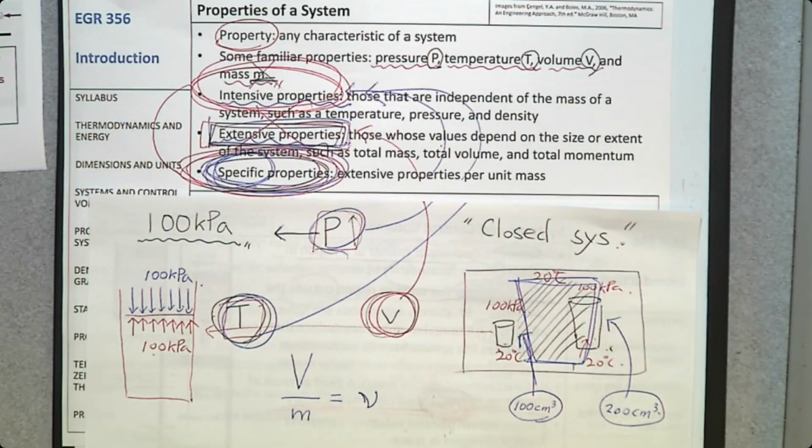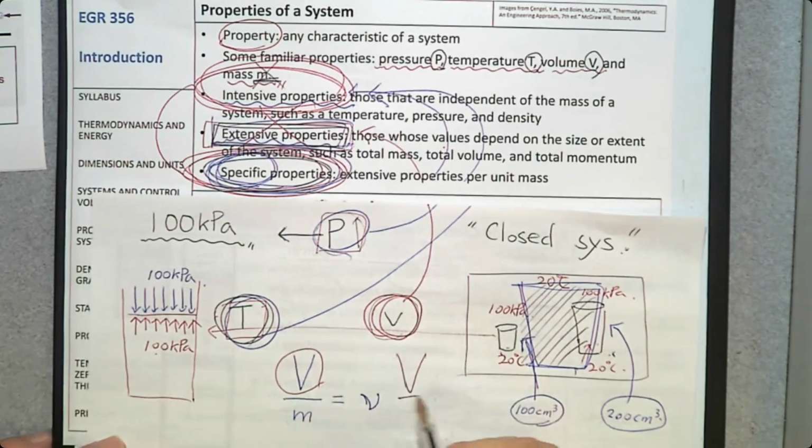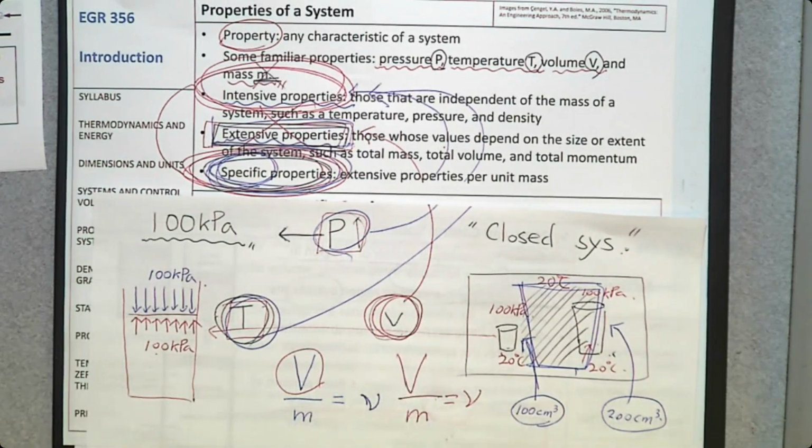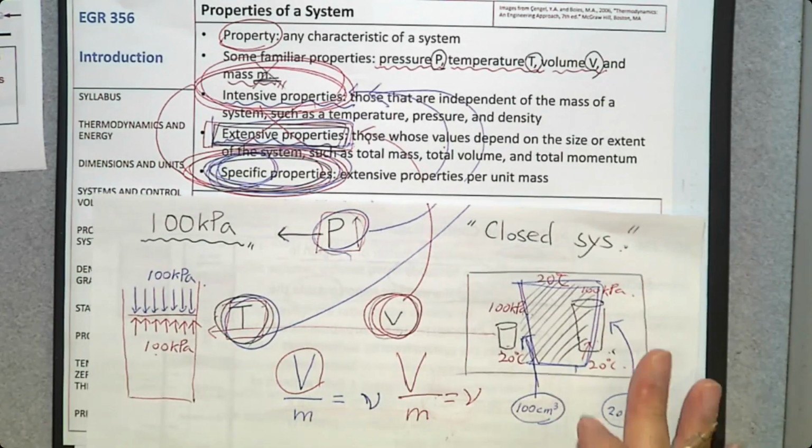Then how do we know if a property is an intensive one or extensive? Very simple. You just divide by mass and see if you can make a specific property. So let's say you have a volume, divide by mass. Then, okay, volume per unit mass, which is specific volume. Makes sense. What about if you have energy?